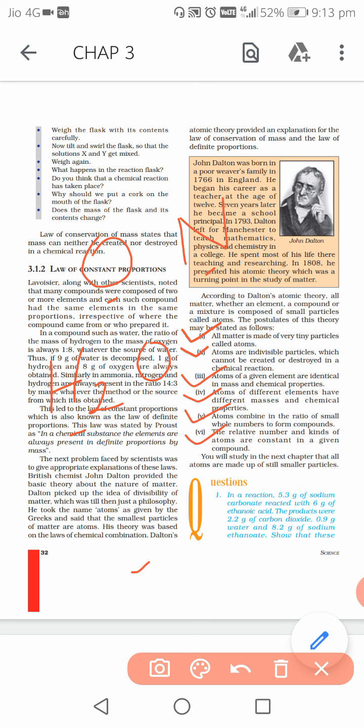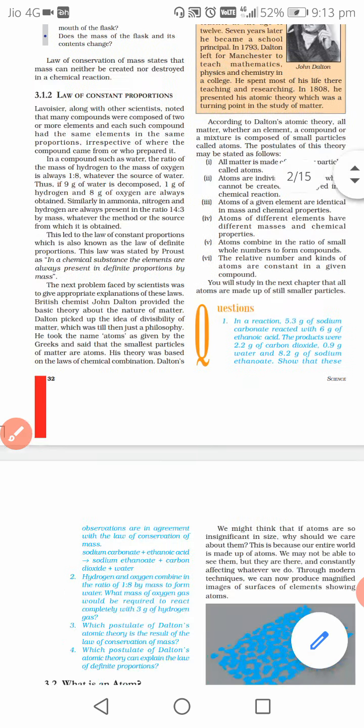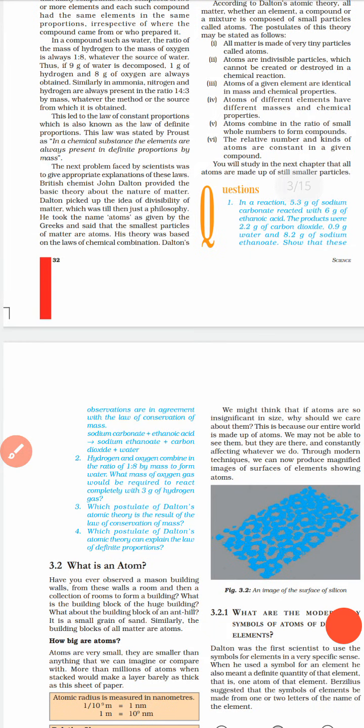So till now we discussed up to this topic. Then some question answers are there. I am giving you these questions as homework. Question number 1 will be your homework, and the next questions, numbers 2, 3 and 4, we will discuss.